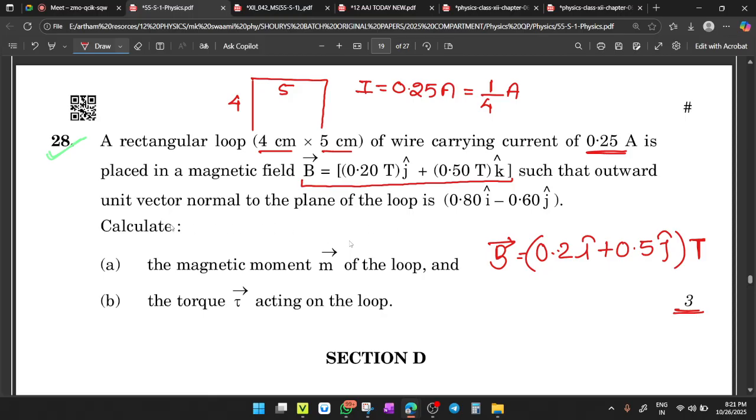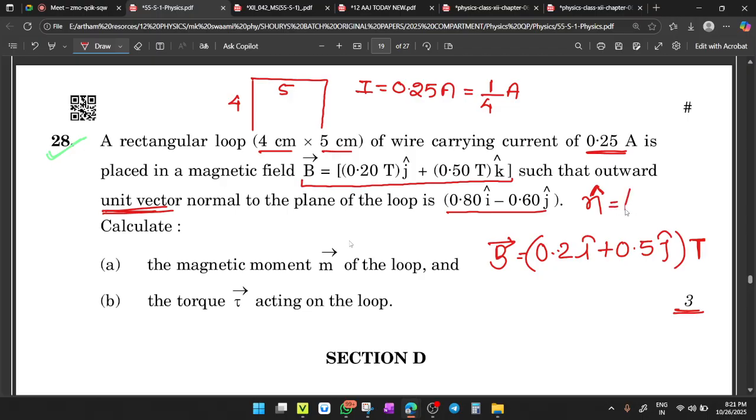Such that the outward unit vector normal to the plane of the loop is given as n cap. The normal vector to the plane of the loop is given by 0.80 I cap minus 0.60 j cap.